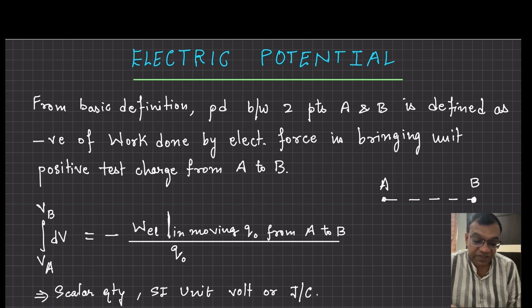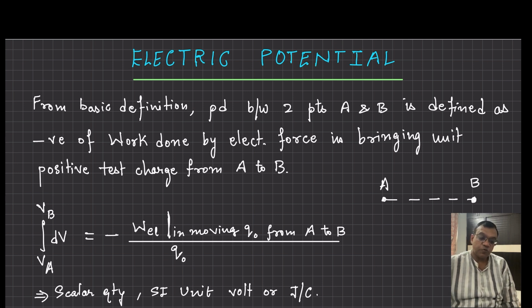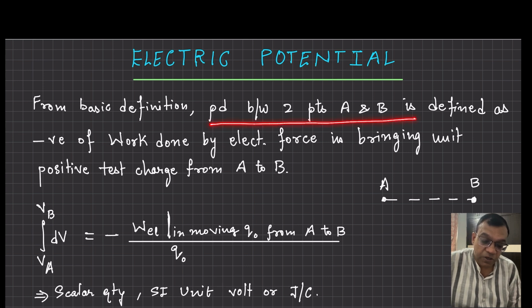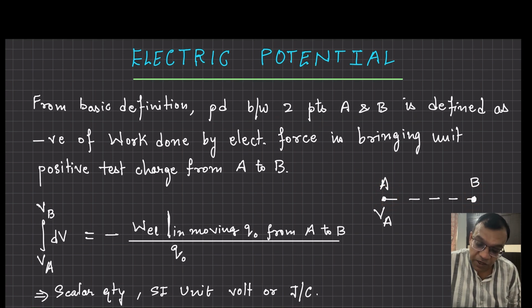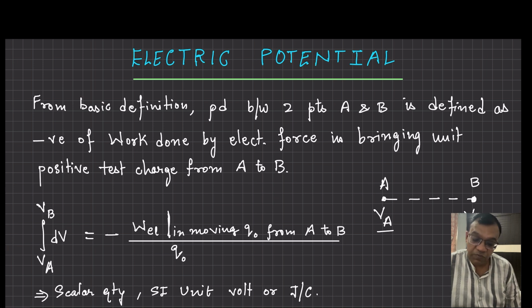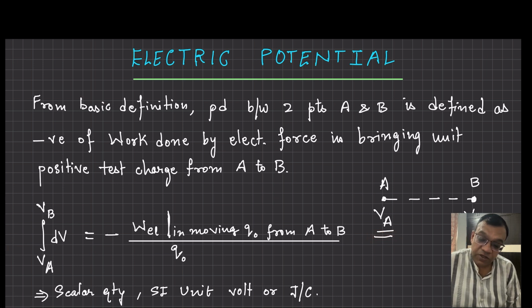Now, from the very basic definition, electric potential is defined only for the potential difference between 2 points. So from the basic definition, we say potential difference between 2 points A and B. Say 2 points are there, A and B, and we have the potential VA at A and potential VB at B. Then this potential difference between these 2 points, VB minus VA, will be defined as the negative of the work done.